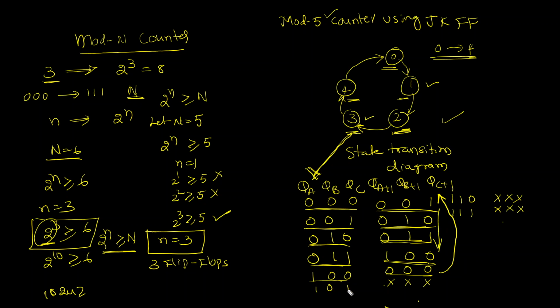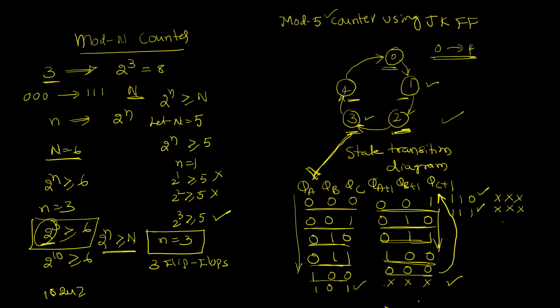And if there is any input which is greater than 4, the output doesn't matter for us, or we can also take it as 0 0 0. By mistake this circuit may enter into an unknown state. We may take it as don't care, in which case the next state doesn't matter.